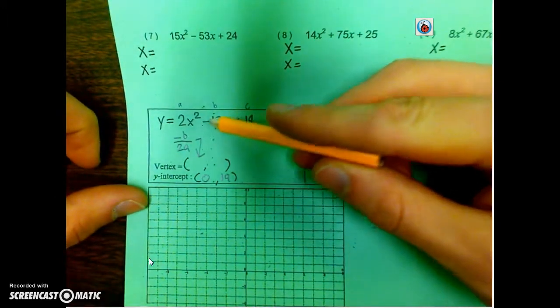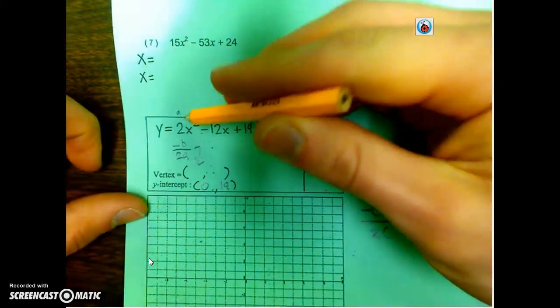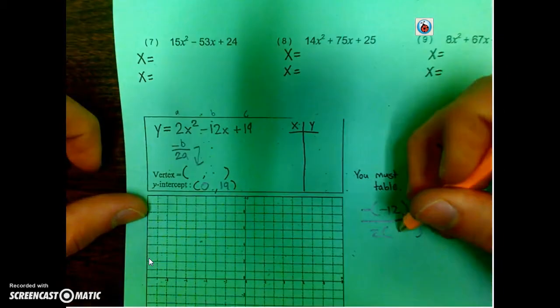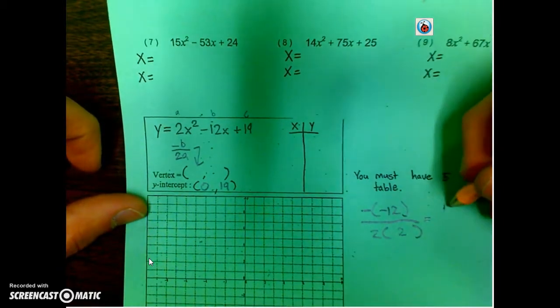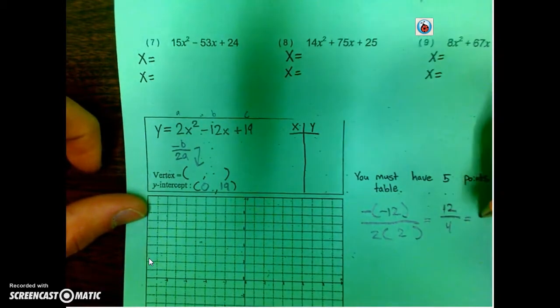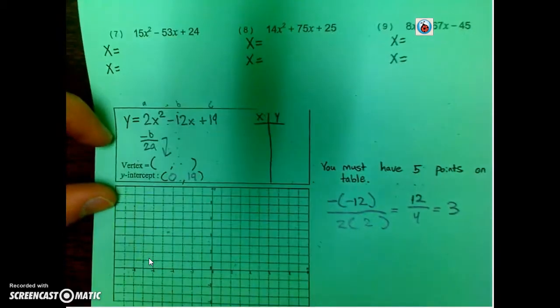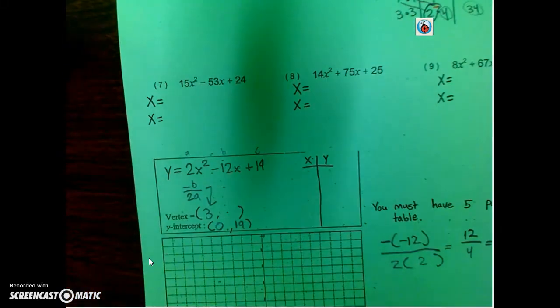My b value is a negative 12. Our a value is a positive 2. So let's simplify. Negative 12 turns positive. 2 times 2 turns into a 4. 12 divided by 4 tells me a 3. So I know that the x-coordinate for my vertex is a 3.